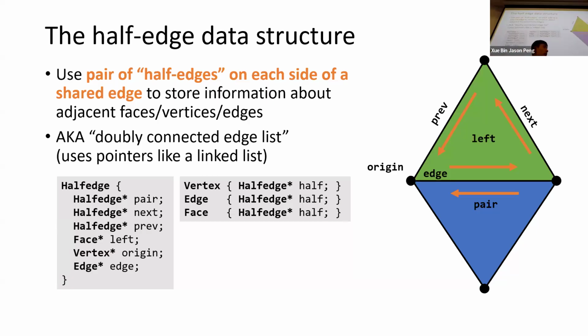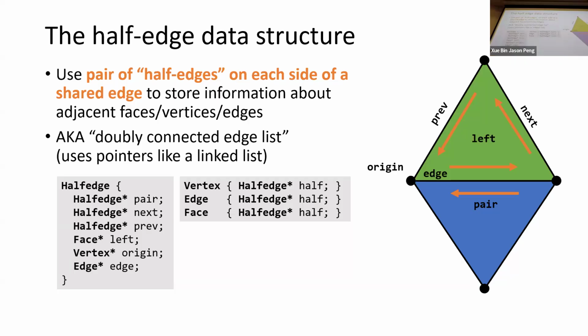But one of the really nice characteristics of a half edge data structure is that instead of having to store a list of all the half edges that are connected to a particular vertex, we only have to store a pointer to one of the half edges that are connected to any particular vertex.